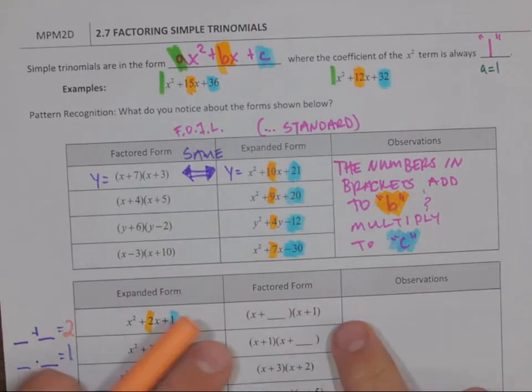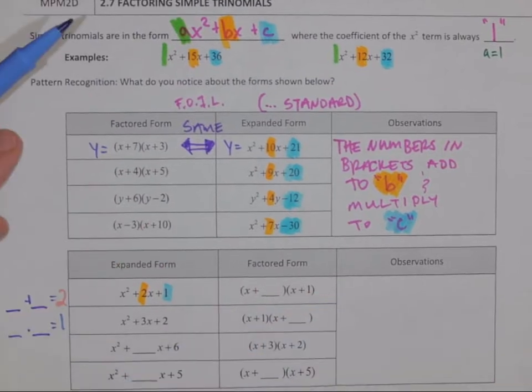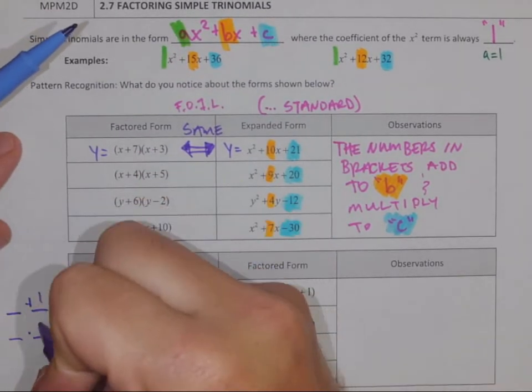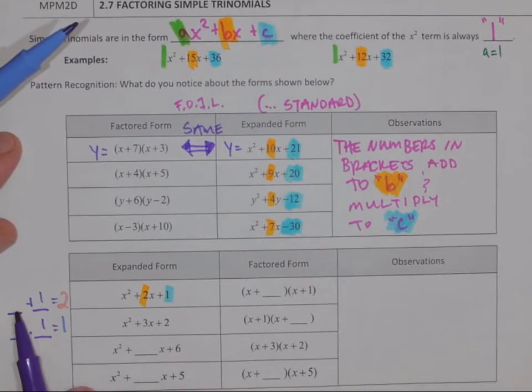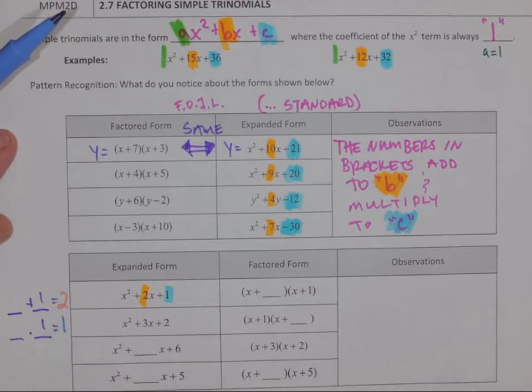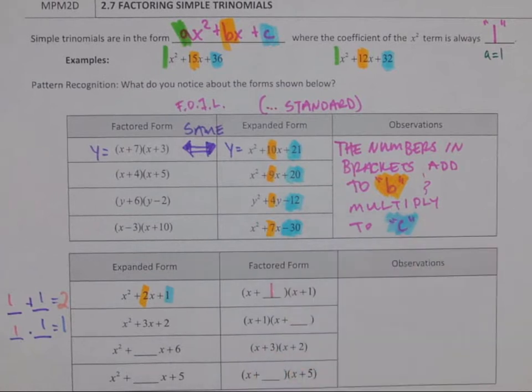And whatever those numbers are, they go in the brackets. So right now, we already know that one of them is 1. If we know that one of them is 1, can we figure out the other one? 1 plus 1 is 2. 1 times 1 is 1. So that goes in there.